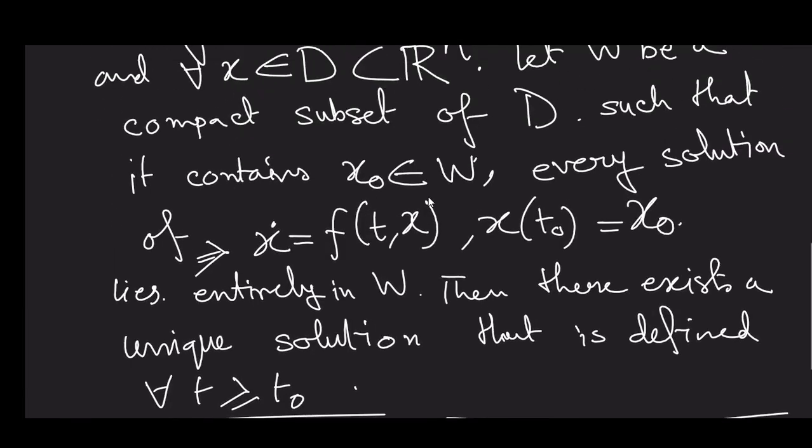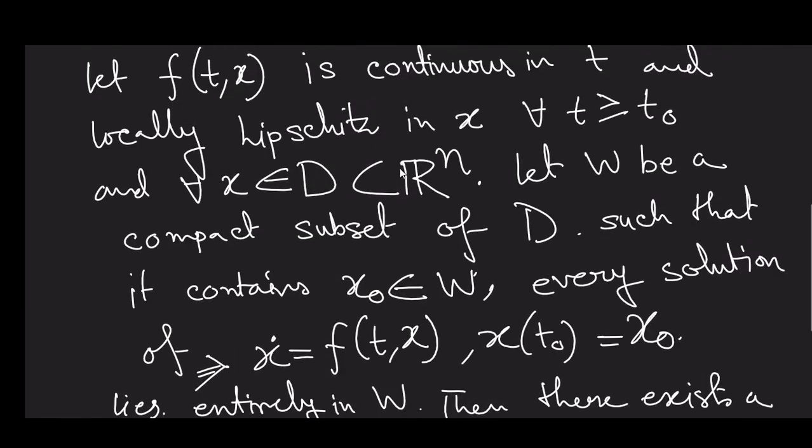Yes, this one. Let f(t, x) be continuous in t and locally Lipschitz in x for all t greater than or equal to t naught, and for all x belonging to D in R^n. Let W be a compact subset of D. Now who is going to play the role of W?